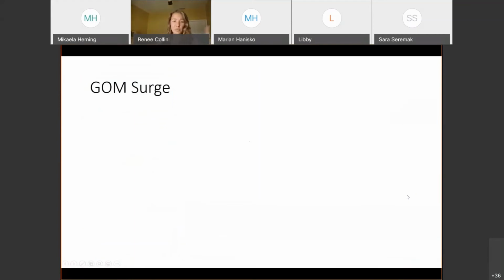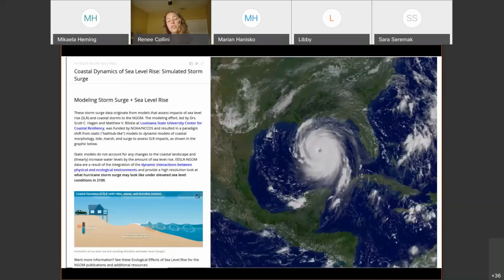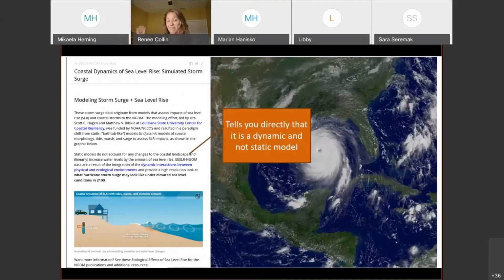So now I'm going to switch gears and show you an example of a future storm surge model. This one's called GOM Search, and it covers Mississippi, Alabama, and Northwest Florida. This one's presented in a story map. It's a little different than the last one we saw. There are different pages that talk about different things. The first thing to note is it tells you directly, this is a dynamic model. It's not static.